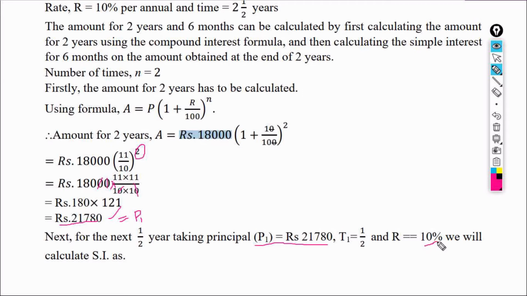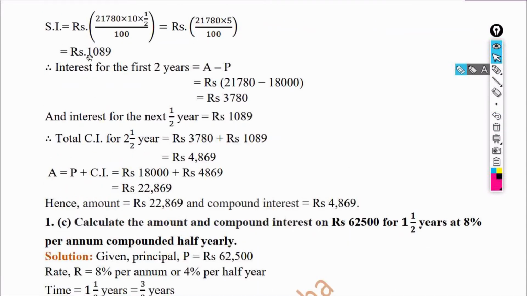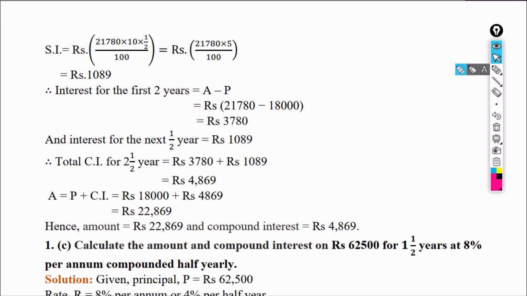Now let us calculate using the simple interest formula. Use the simple interest formula, you know, P into R into T divided by 100. SI equals P, here you are using P1, and rate is the same R, and T1 is for half year, divided by 100.